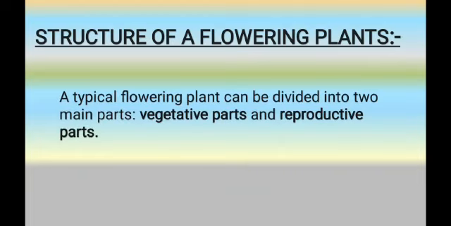A typical flower consists of two main parts. First is called the vegetative part and second is the reproductive part.